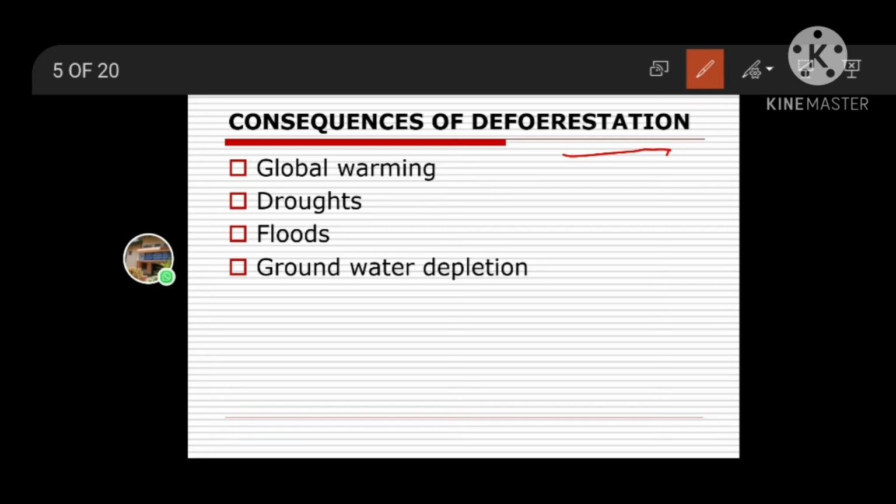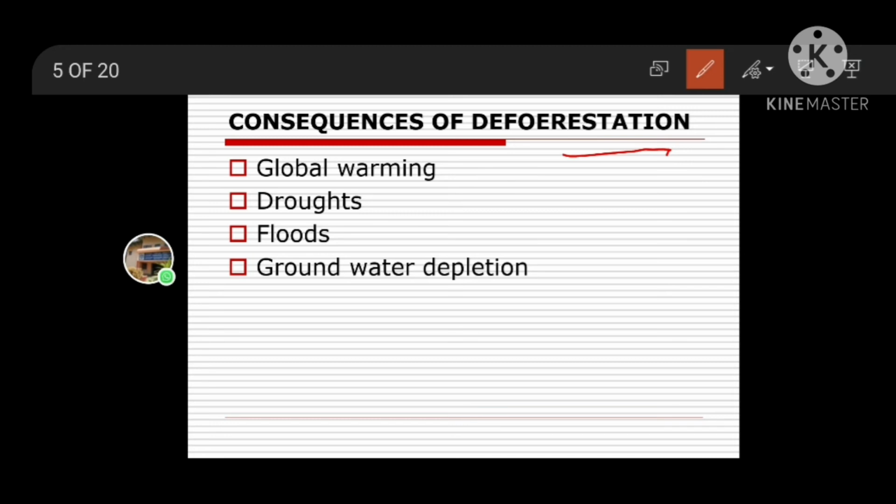When the carbon dioxide increases, naturally the temperature of the atmosphere also will increase because carbon dioxide has the capacity to absorb the heat radiations reflected by the Earth's surface. So when carbon dioxide is holding the heat radiations, naturally what will happen? The temperature of the Earth will rise. This phenomena is called global warming.